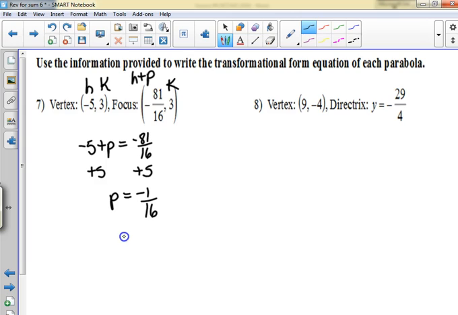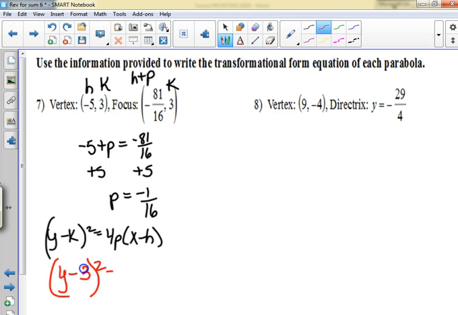All right. All we have to do, now that we know it opens sideways, we have this form on our sheet that I'll copy down here for you real quick. So put the numbers in. Who's got me? Y minus 3 quantity squared equals 4P.